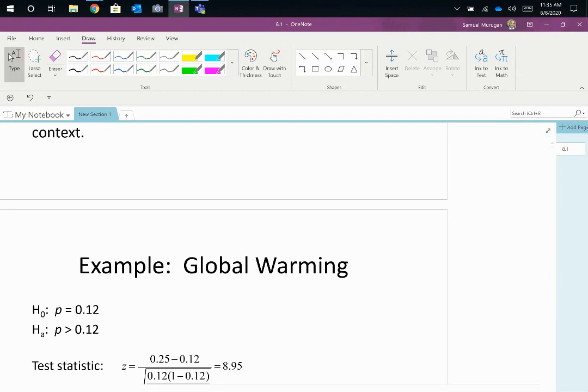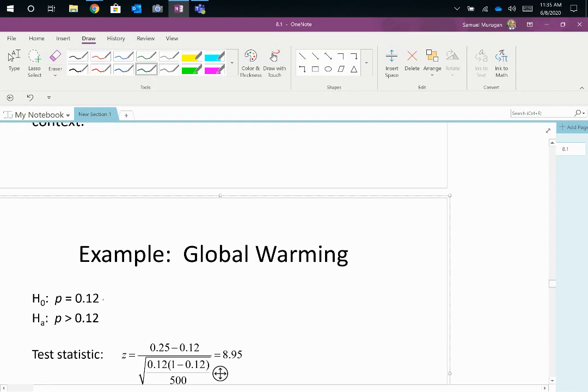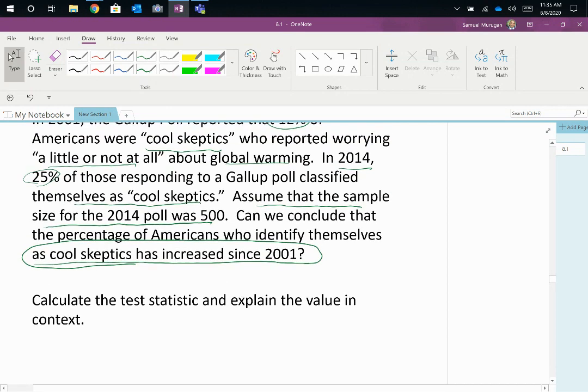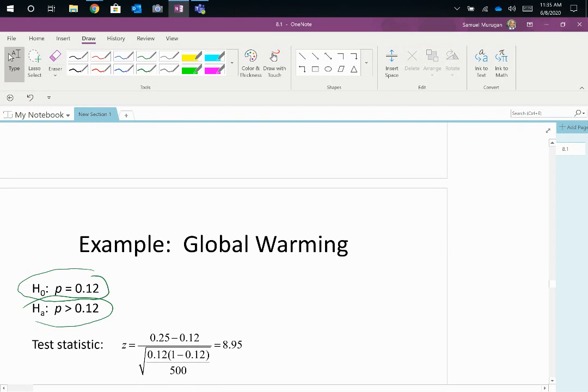Now, in 2001, the p-value is given as 12%. The null hypothesis is p is equal to 12%. And the alternative hypothesis is that p is greater than 12%. Using these two numbers and the 25% in 2014, okay, z is 0.25 minus 0.12 over the standard error.